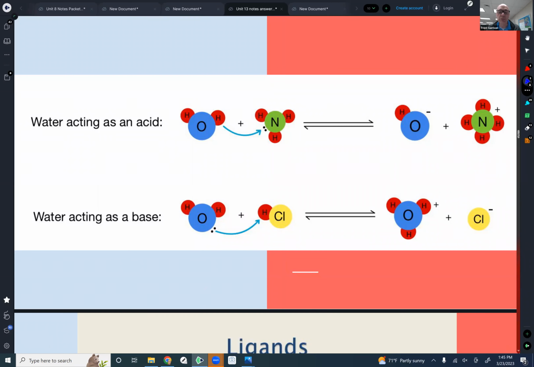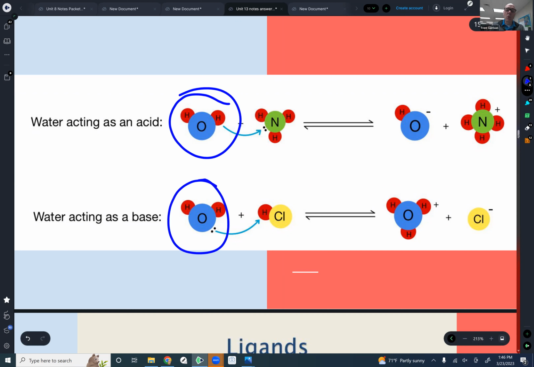Not amphiprotic, but amphoteric. This is amphoteric. Amphoteric in this example is the water. The water is acting as both an acid and a base.